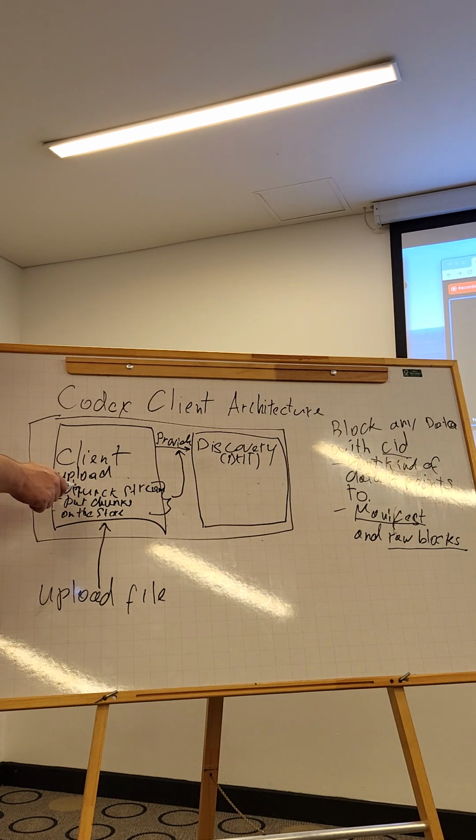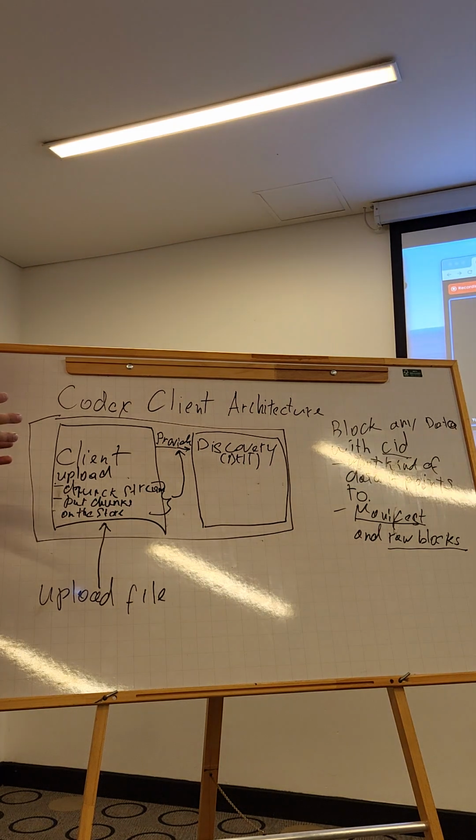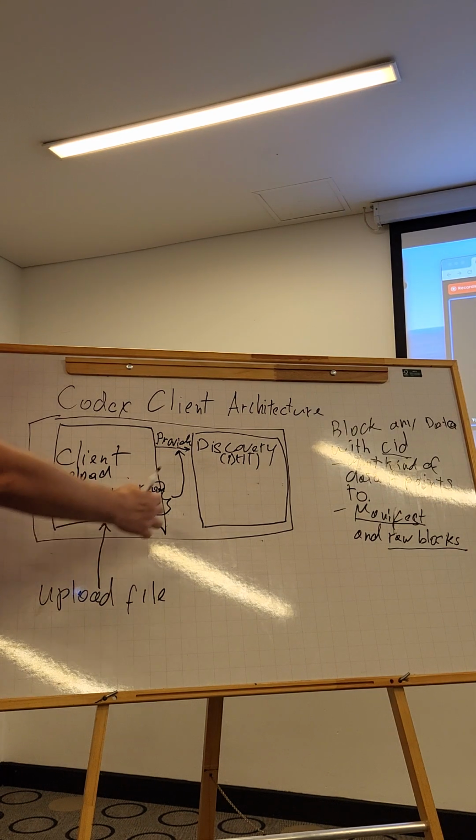Once the entire file has been uploaded, we create the manifest file for those chunks, and we then take the manifest file, give it another CID, and announce that CID as well as a provide record.